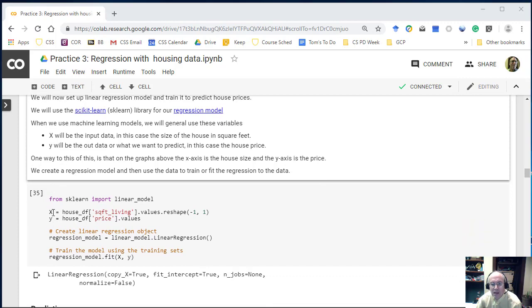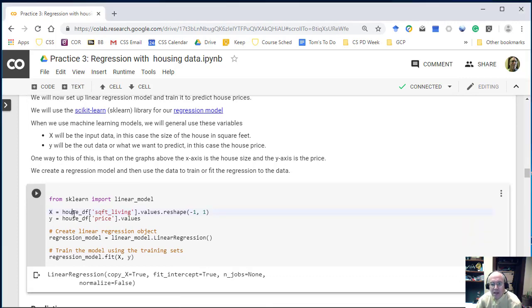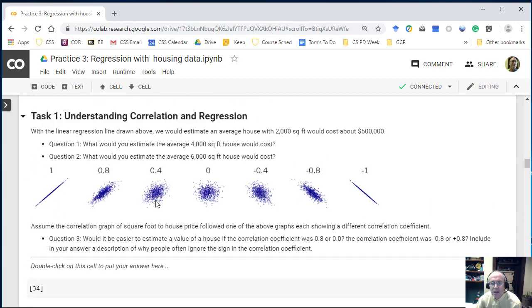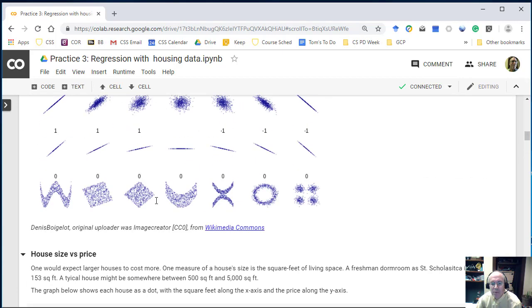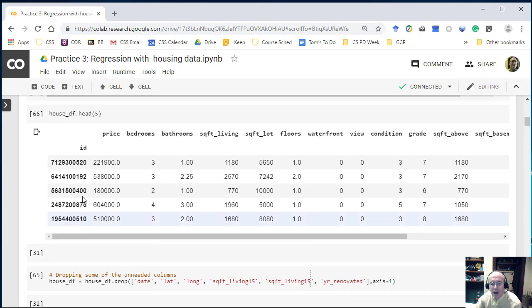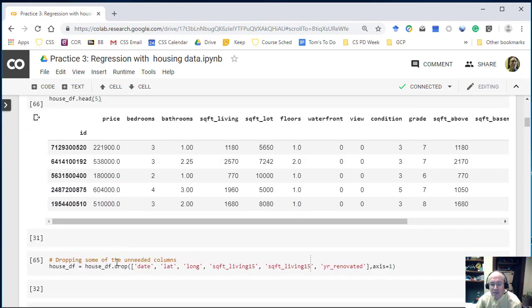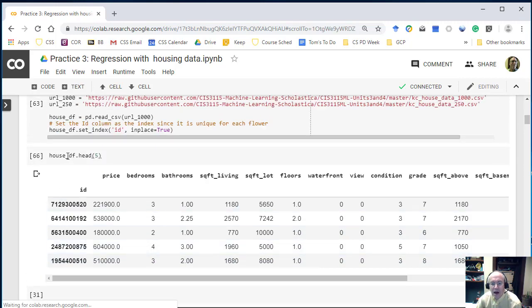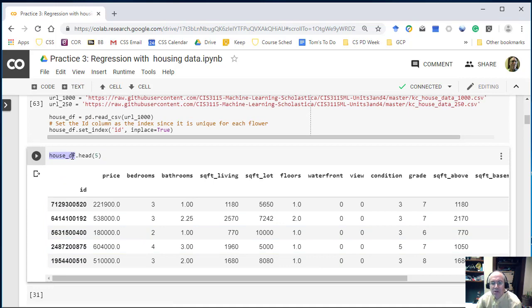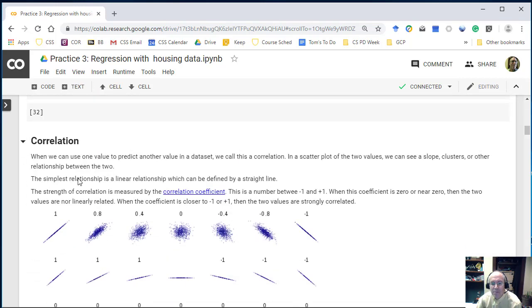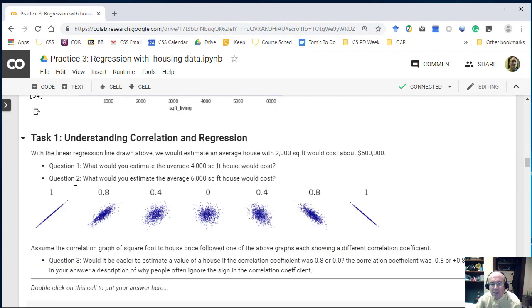So we're setting up X, and again, what we've done above here is, remember, we created a data frame, which is again this array-like structure to hold our data, and we just called it house underscore df for house data frame. So we can use that in our code here.